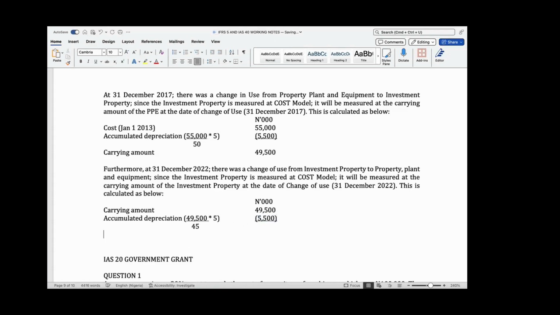So what's the difference? What's the carrying amount? 44,000.